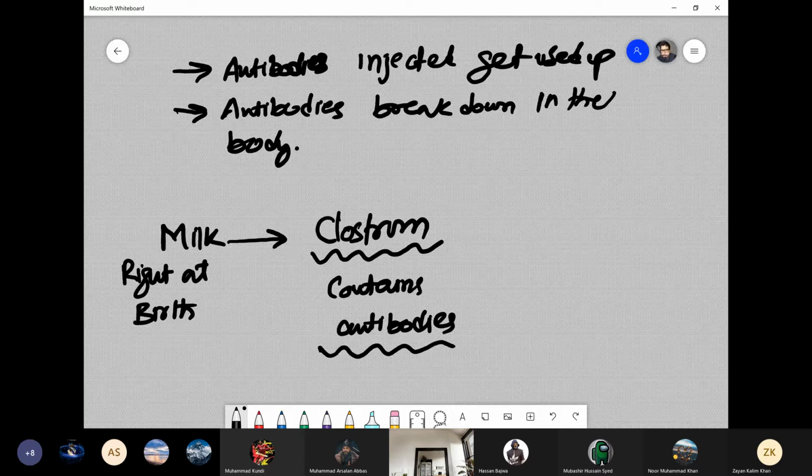Those thousands of types of antibodies will be present in this colostrum. So when the baby drinks this milk, the baby gets passive immunity for about 3 to 4 months. Now you will ask, sir, what will happen after 3 to 4 months? Those 3 to 4 months are enough.